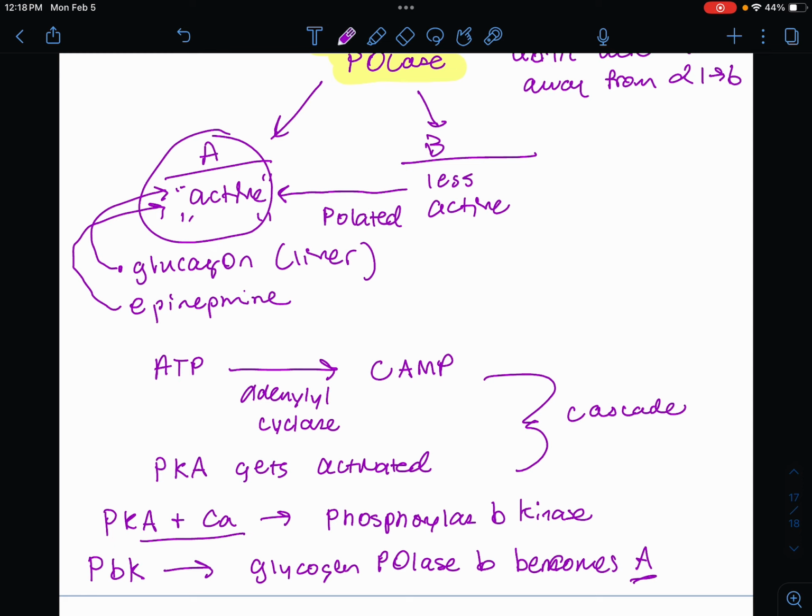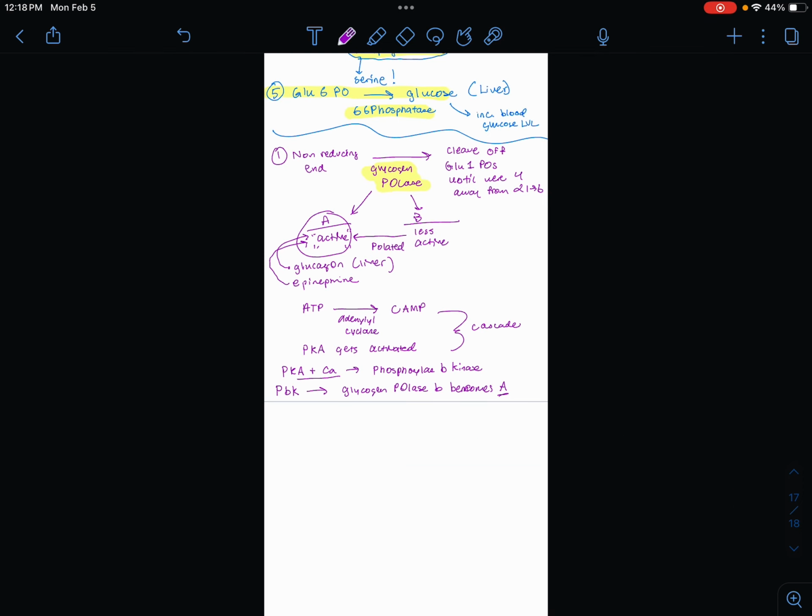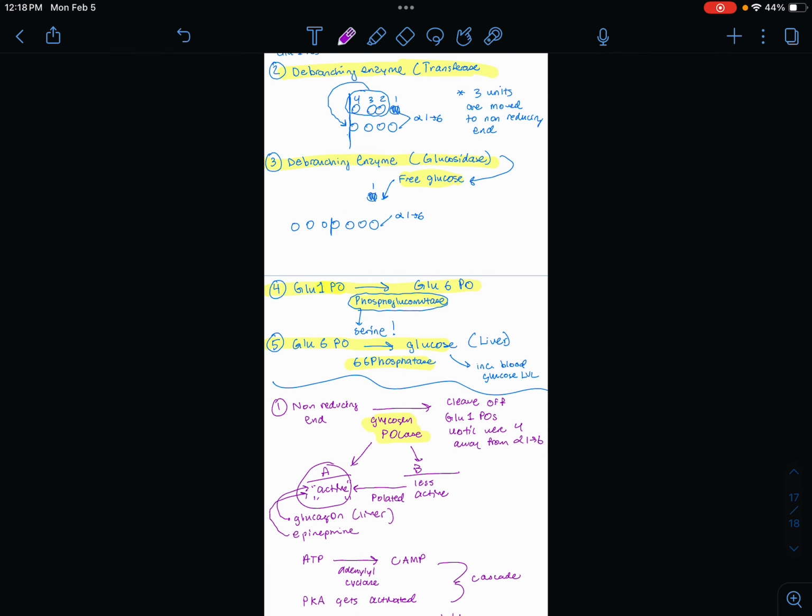We also have this other enzyme here, PP1, but that's kind of for the next step, which will be glycogen making. So please stay tuned for that later on. It also has a play in here, but basically when PP1 is present, it's just going to inactivate phosphorylase A and it becomes B, so it gets less active.